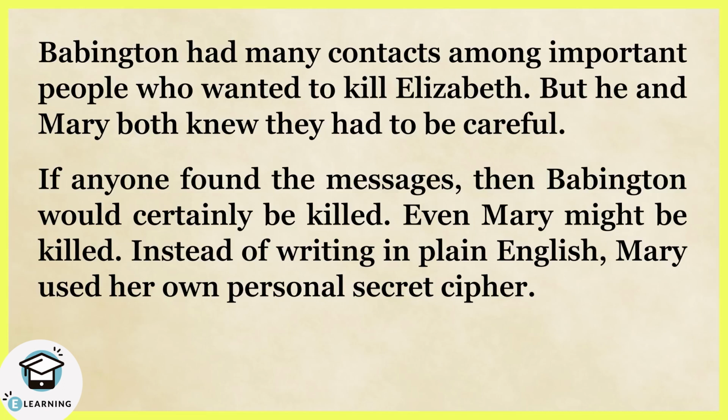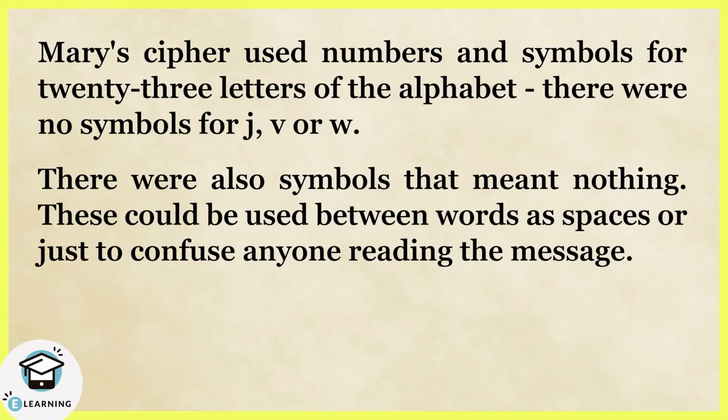Instead of writing in plain English, Mary used her own personal secret cipher. Mary's cipher used numbers and symbols for 23 letters of the alphabet. There were no symbols for J, V, or W. There were also symbols that meant nothing.